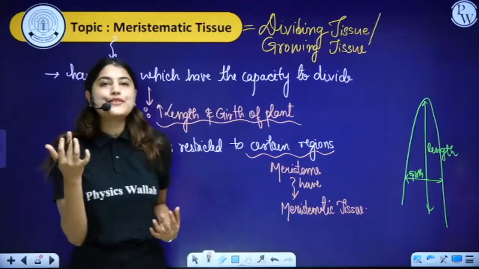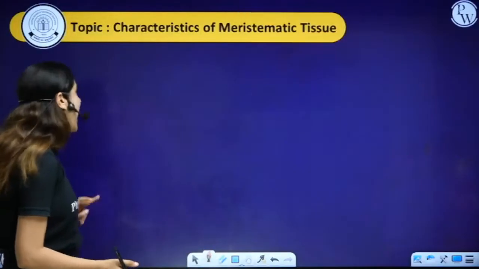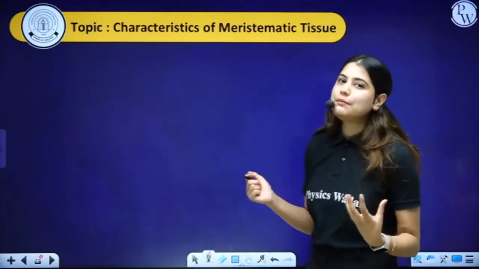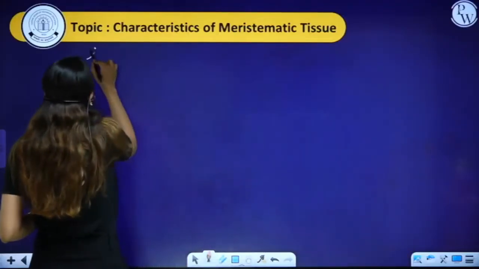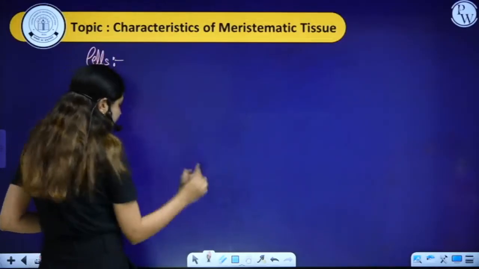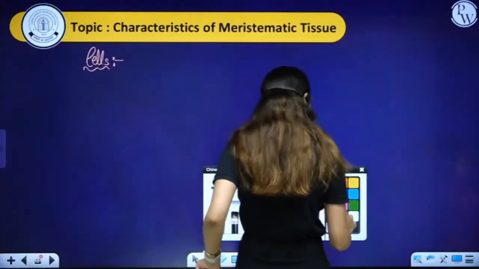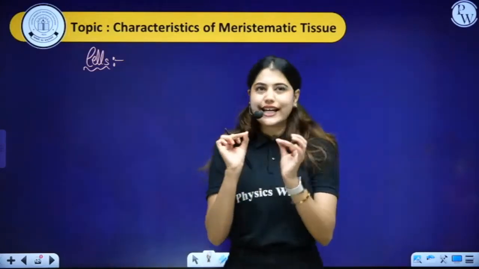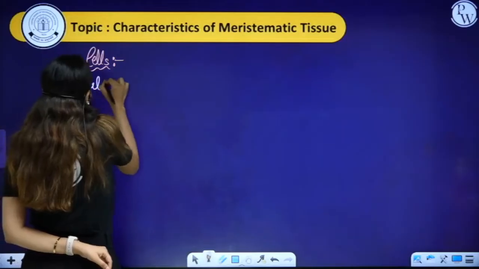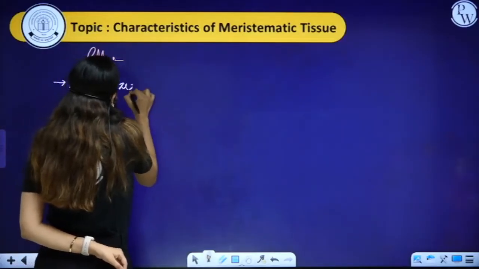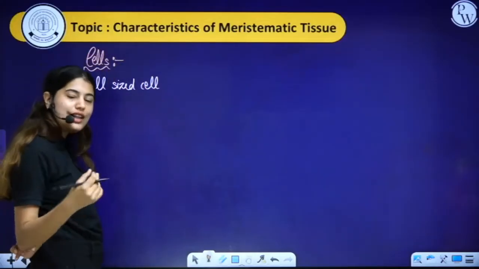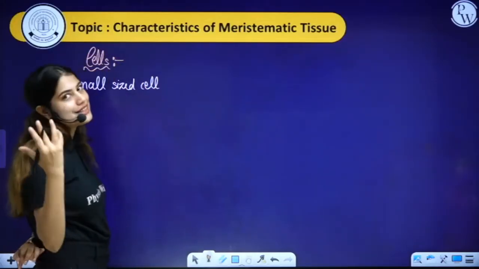What type of cells do they have? Right? Let's have a look at the characteristics of the meristematic tissue, or simply I can say what are the types of the cells found in it. The cells found in the meristematic tissues are small size cells, and since it is a plant cell, obviously they will have a cell wall, and the cell wall will be made up of cellulose.